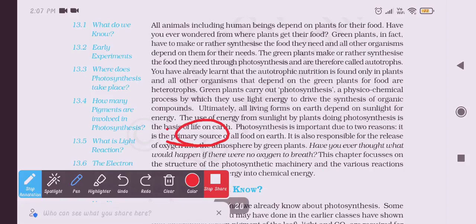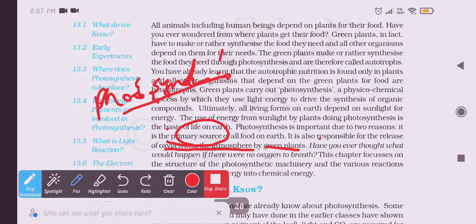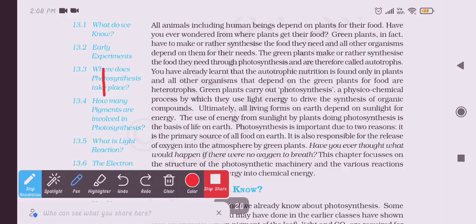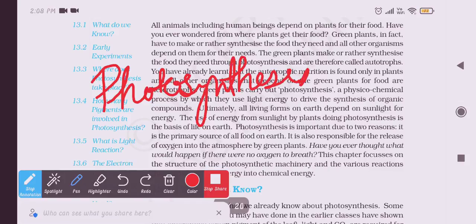First, it is a primary source of all food on earth, and it is also responsible for the release of oxygen to the atmosphere by the green plants, because only due to the process of photosynthesis we get O2, because it is a byproduct of photosynthesis, right?